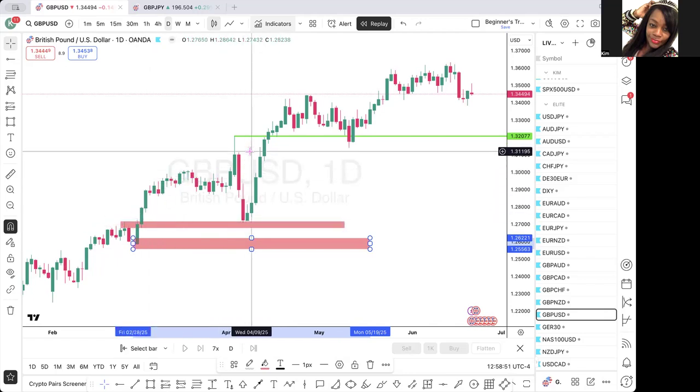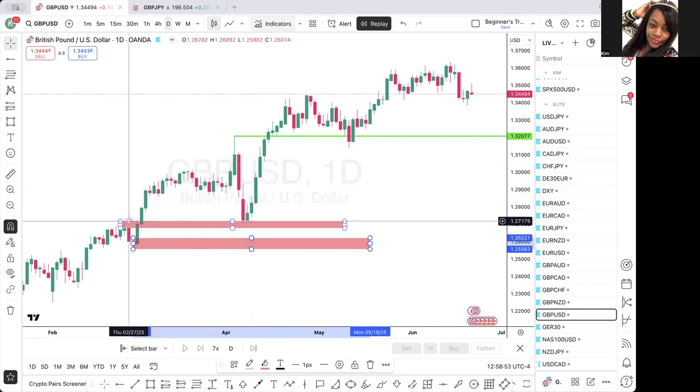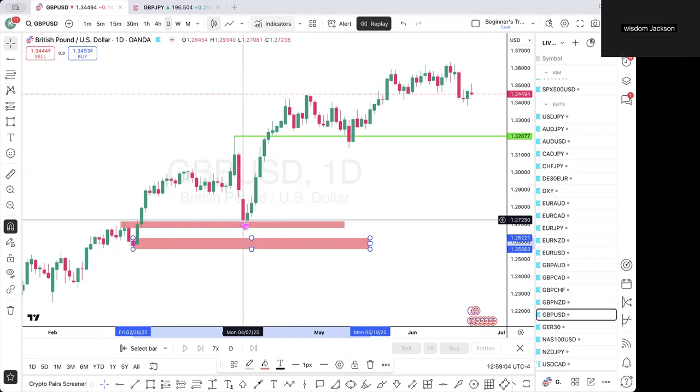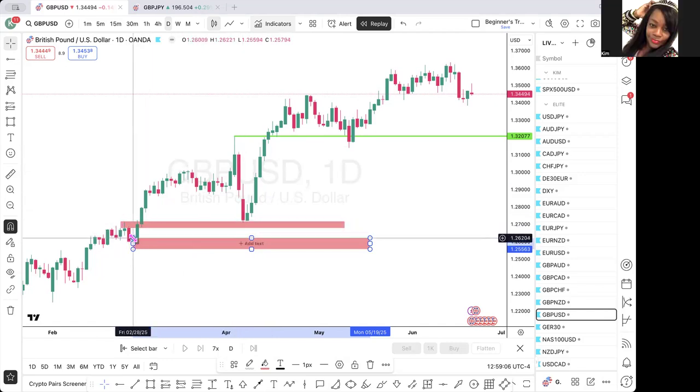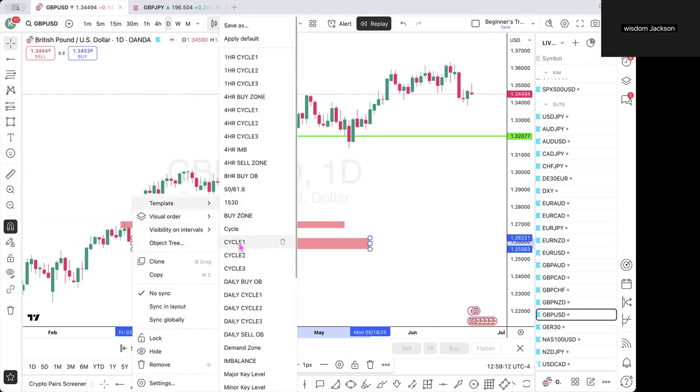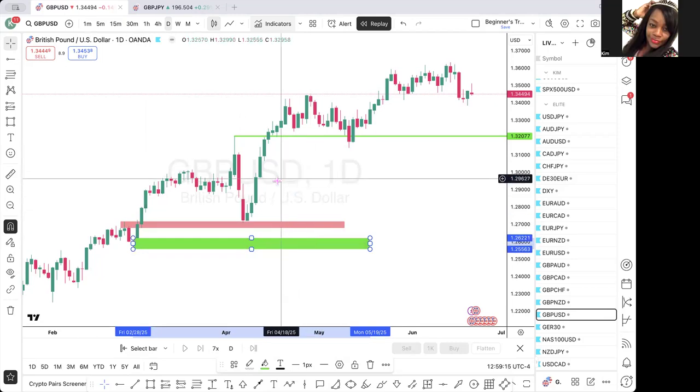It's just a break and retest to this break. Again, it was around the 78. So you could have traded from there, but this is what I would have marked up for price to come back to. This demand zone right here. This would have been my demand zone.